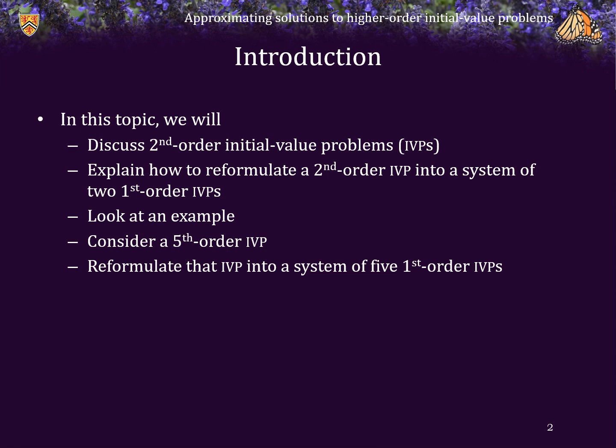However, that's already something that we can solve. So we will look at an example. We will then consider a fifth order initial value problem and reformulate that problem into a system of 5 first order initial value problems. This technique, of course, generalizes for any higher order initial value problem.